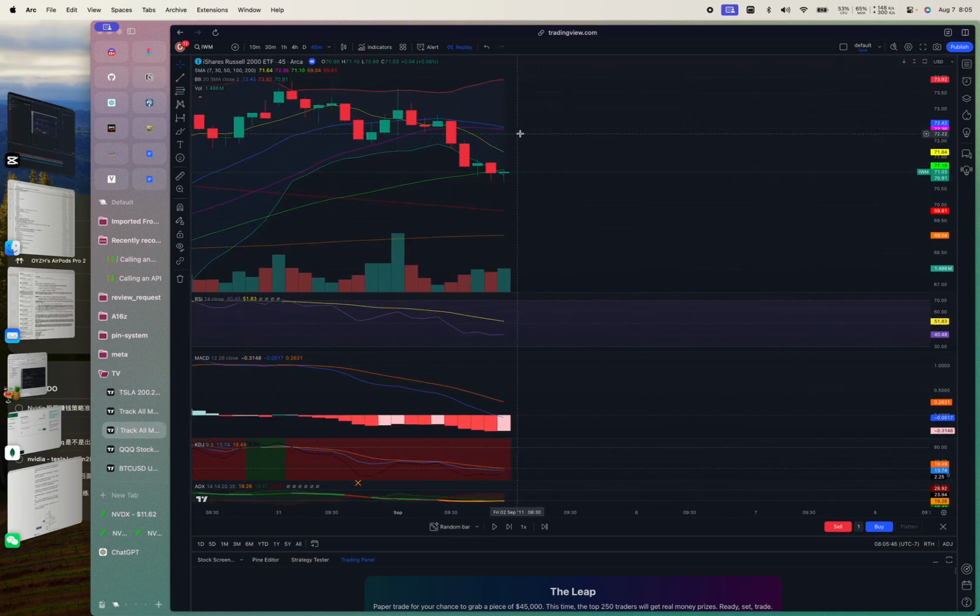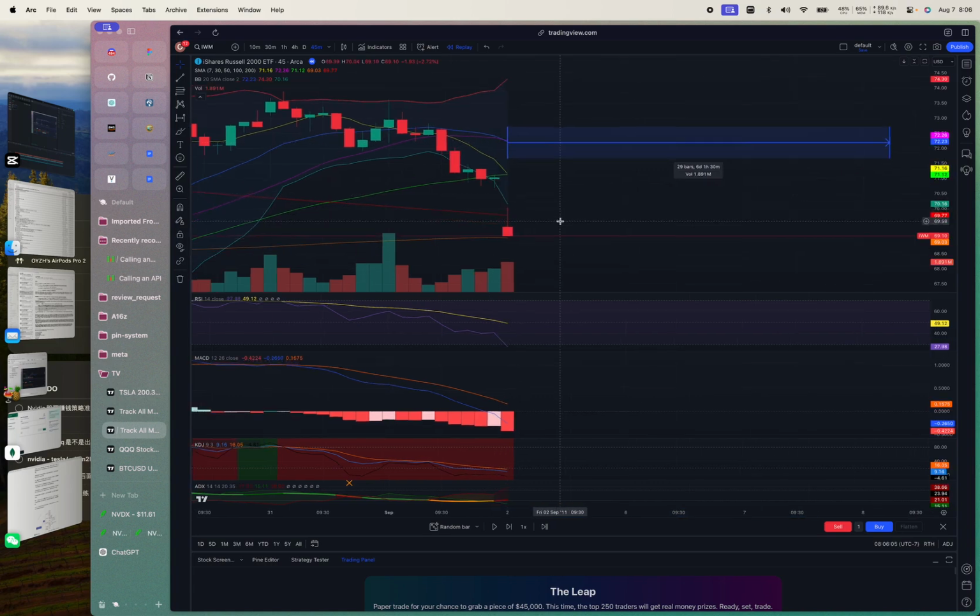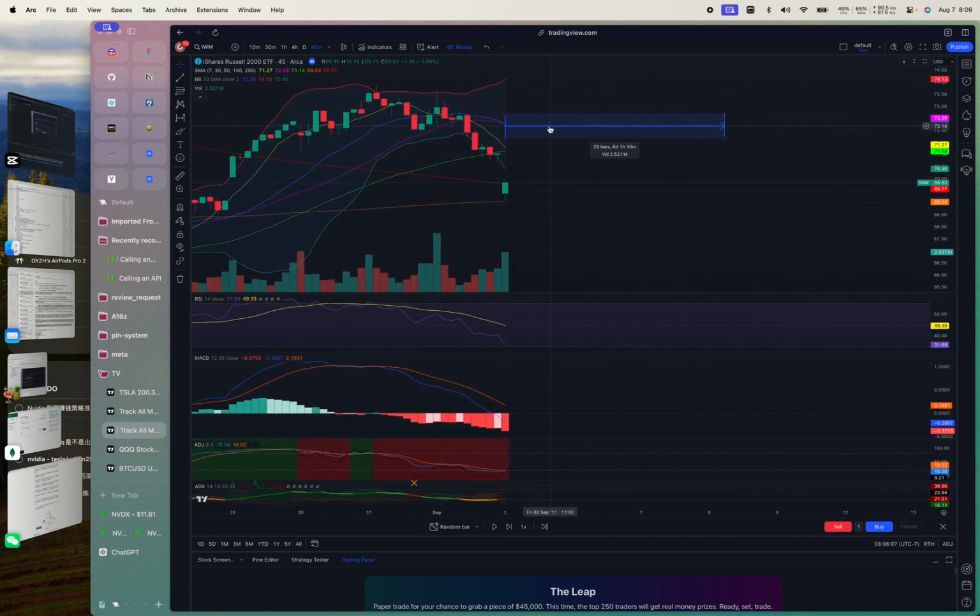For example, I randomly pick another day. It's 2011, 13 years ago. I again give us 1 week. We can run it. Let me see. Okay, so it's in a bearish trend, right?